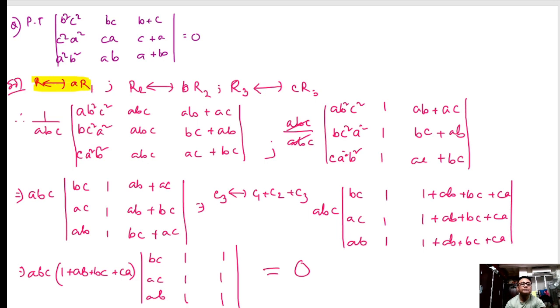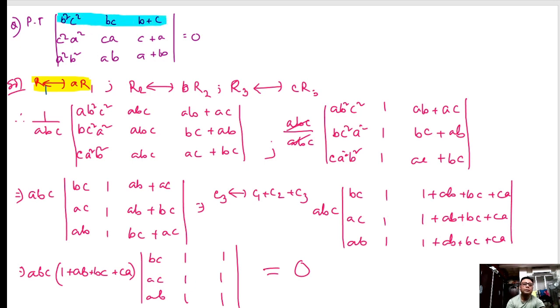In R1, we are trying to multiply by A. I'm trying to multiply this row A times.